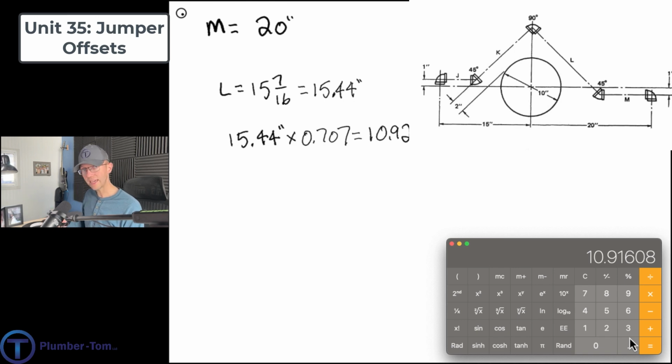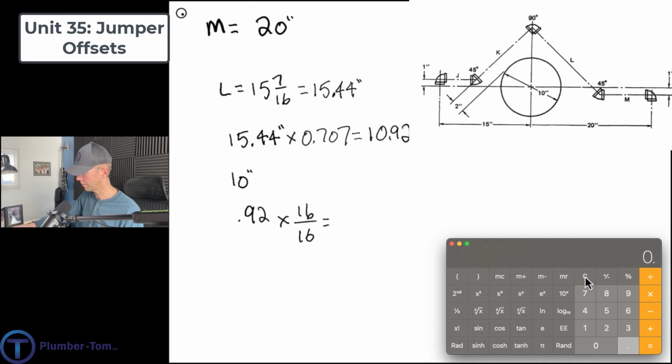Now, I'd like to get that into fraction form, so I've got 10 inches and that 0.92. Let's multiply that by 16 over 16, get me into 16ths of an inch. So if I go 0.92 times 16, that's going to give me 14.72. That's closer to 15.